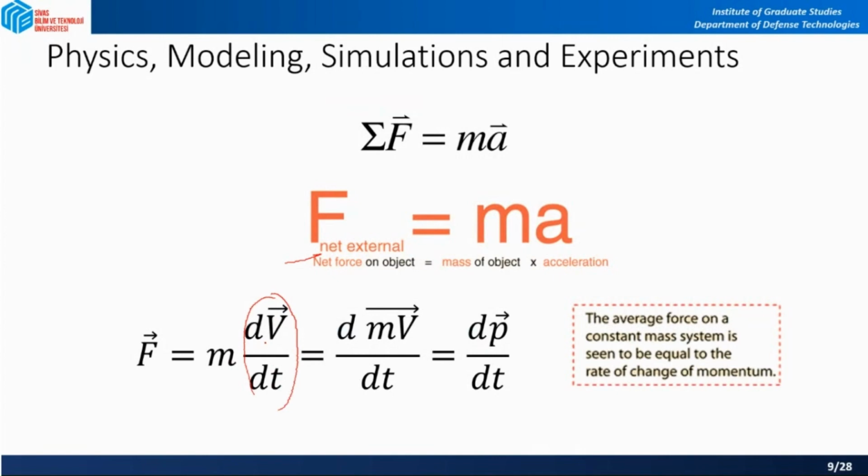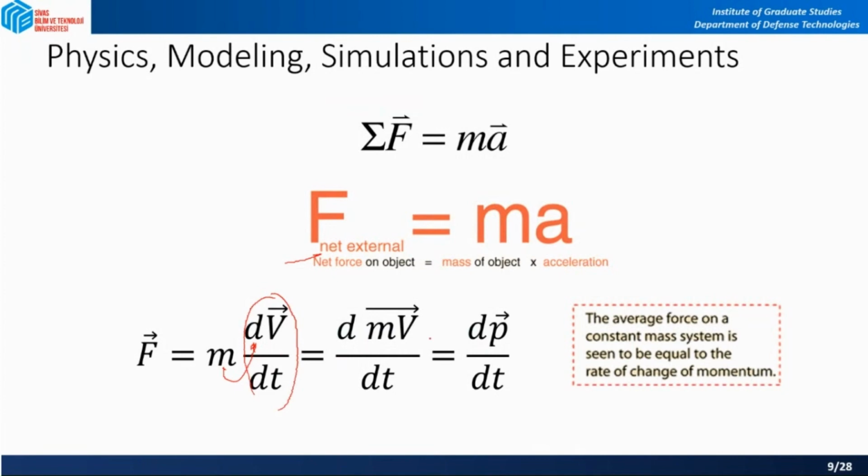So why is it important? What can I do in one further step? As you see here, if mass is constant, just consider that you have a solid object moving around, accelerating, decelerating, but its mass is not changing. If that is the case, I can take the mass inside the derivative.